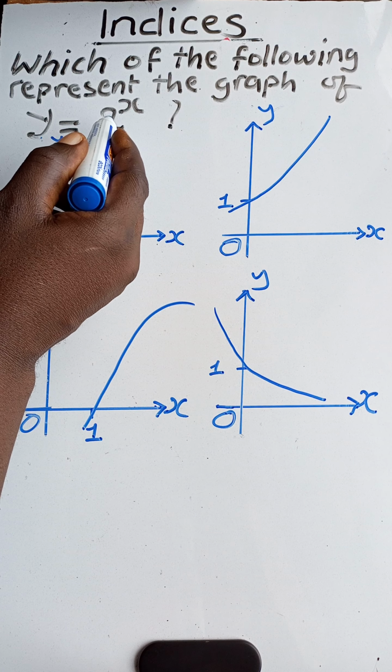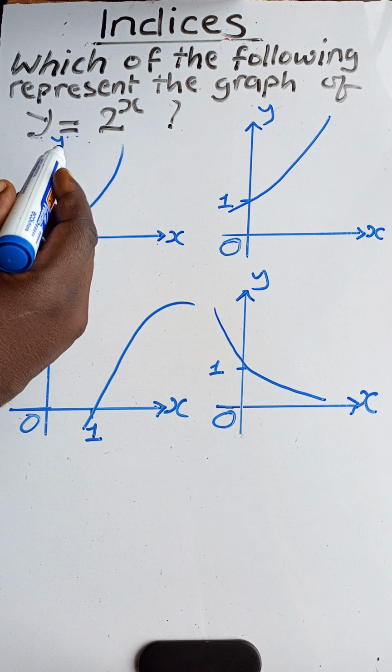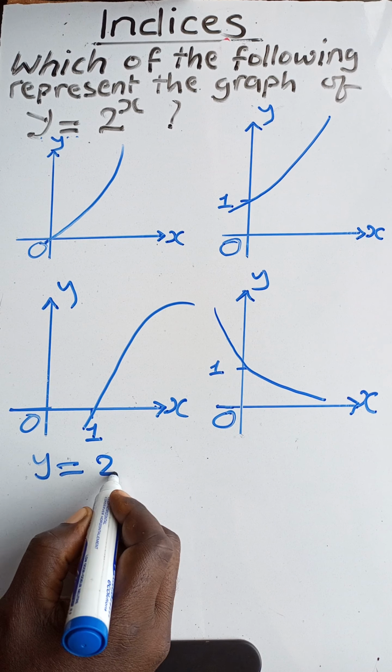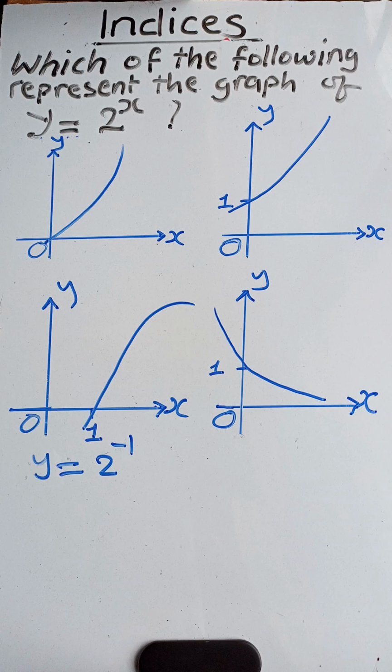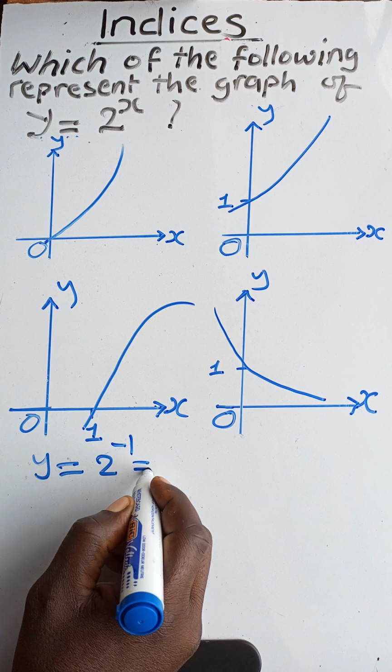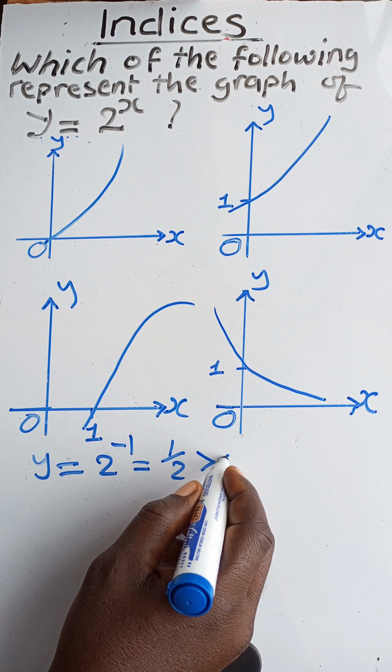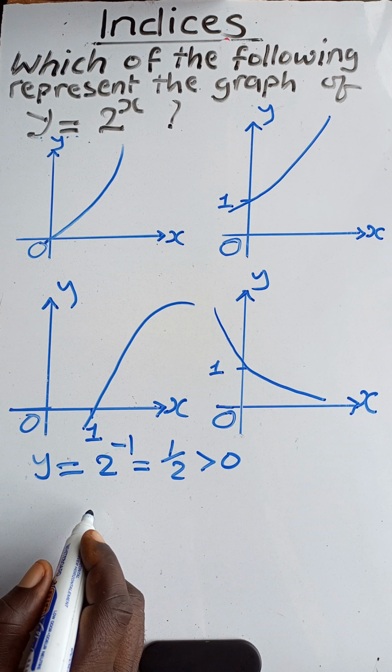Here, the value will actually be greater than 0 because the base is positive. For example, if the value of x is negative, for example -1, from the laws of indices, it is a half, and this is clearly greater than 0.